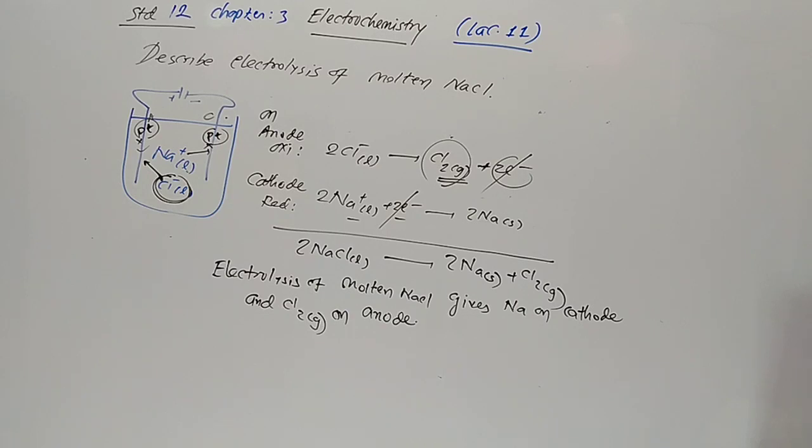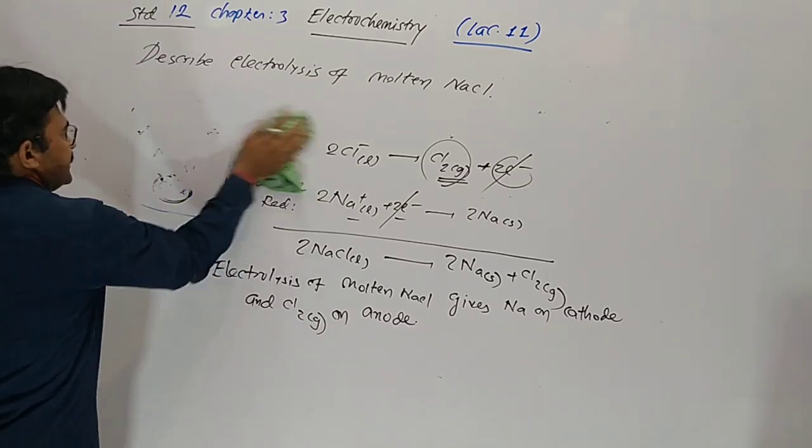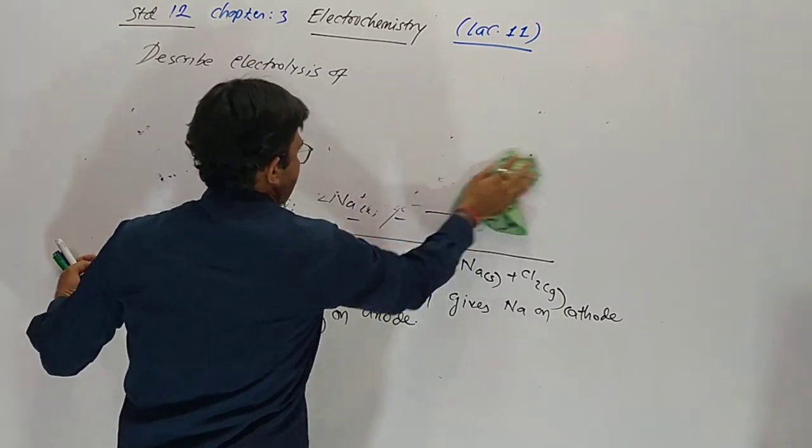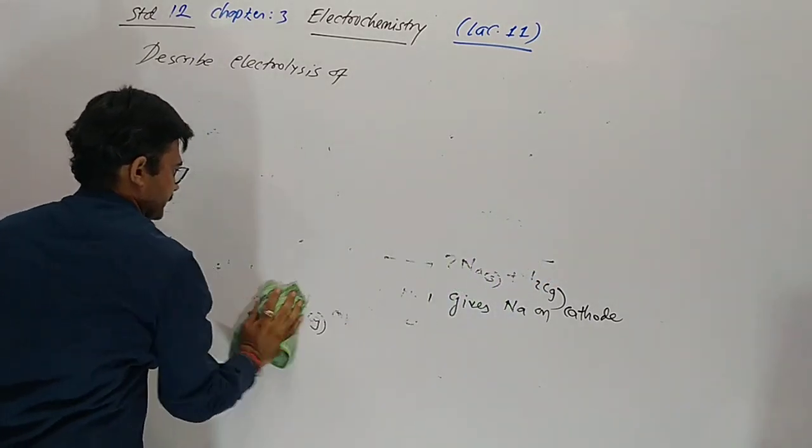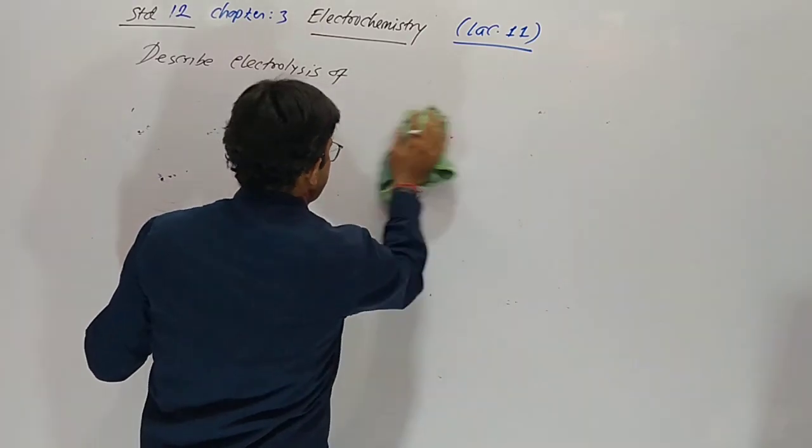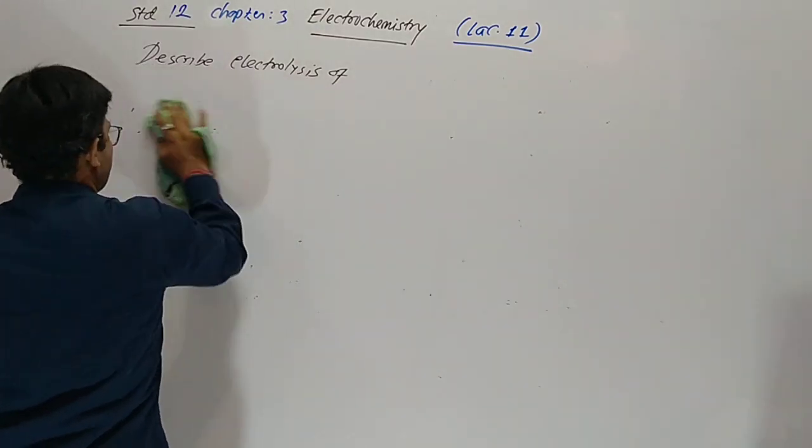Now when we take electrolysis of aqueous NaCl, the product will be changed. Describe electrolysis of aqueous NaCl. Aqueous means dissolved into water.